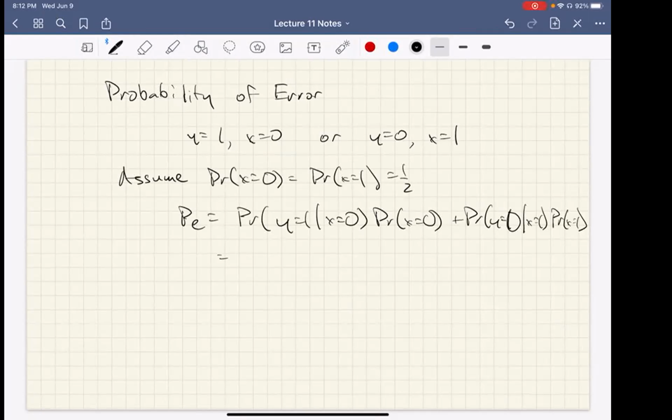Getting a 1 when you send a 0 is impossible, so this term will be 0. The other term, the probability that y equals 0 given x equals 1, is 1 minus P_R(T_S), and the probability that x equals 1 is 1/2. So that is the probability of error.